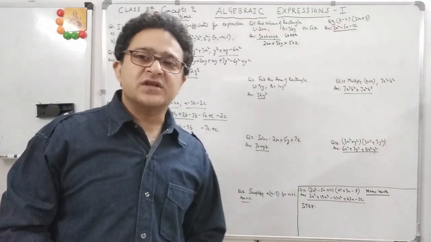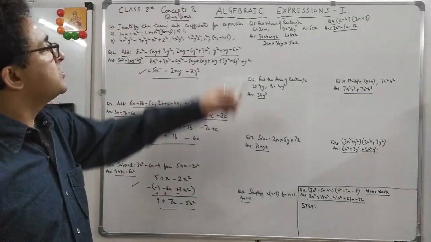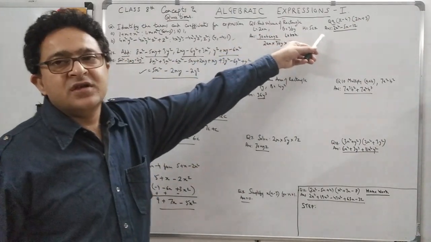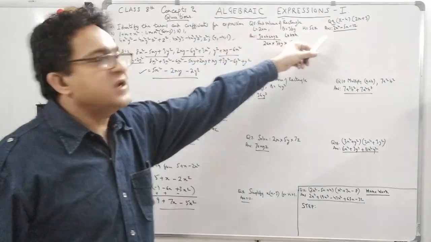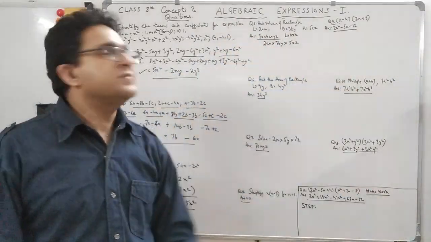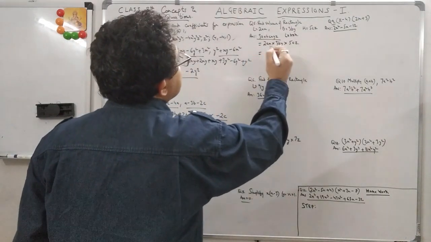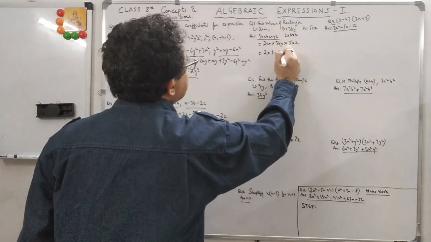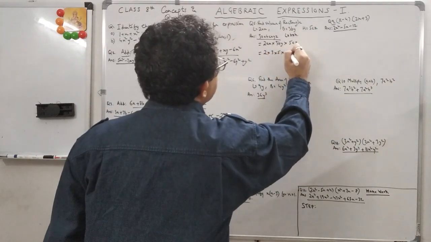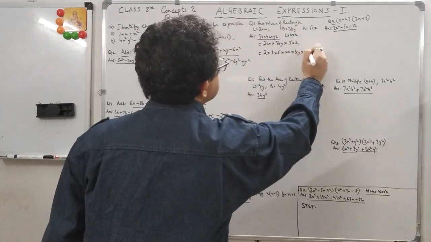Why have I given you this question? Because as I mentioned to you, monomial into monomial is a monomial. So what do you see? These are monomials. When you multiply monomial by monomial, even if there are three terms, it will be a monomial. Let's see in multiplication. Equal to. We can write this as 2 into 3 into 5 into ax into by into cz.